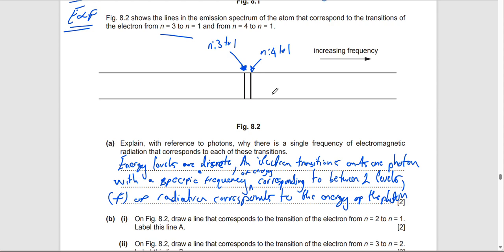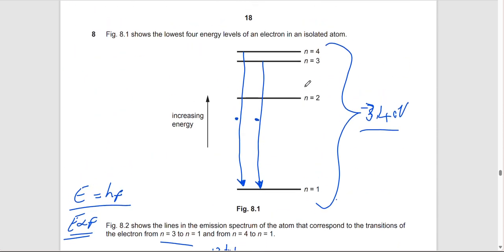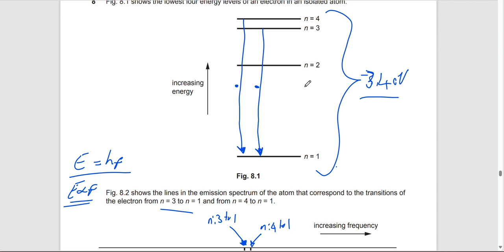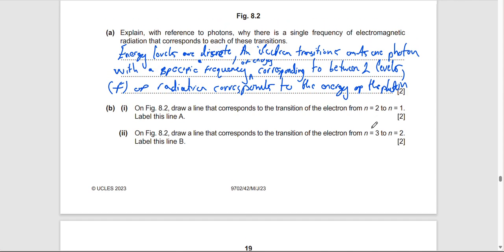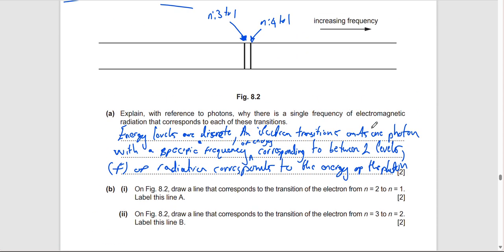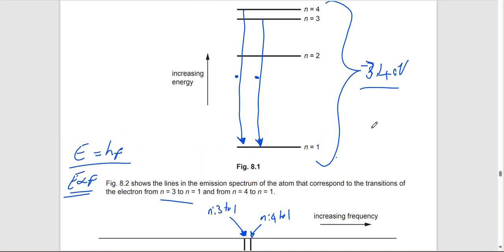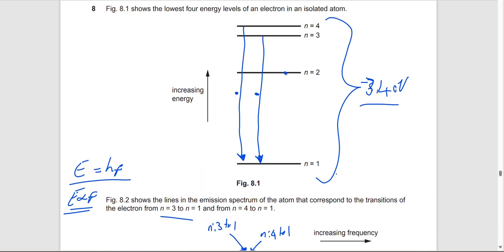How do we know whether it's going to be on this side or on this side of the emission spectrum, whether it's going to have the greater frequency or not? Remember, the energy between energy levels will tell you the frequency. So for line A, it's an electron transition from n equal to 2 to n equal to 1.